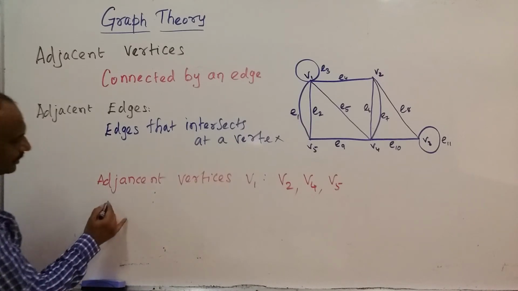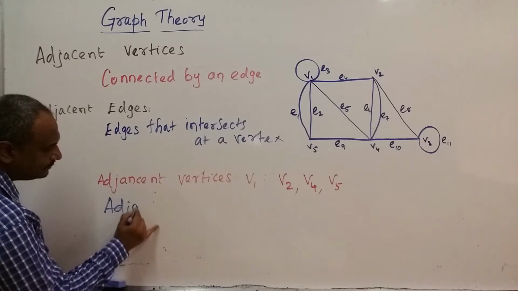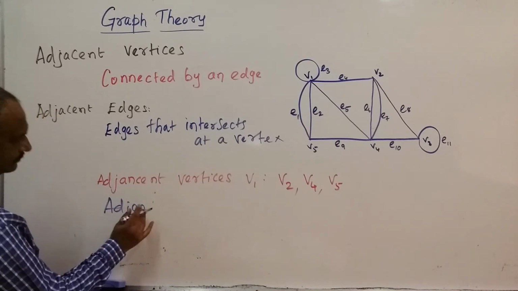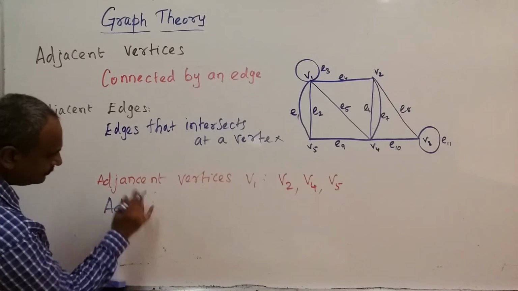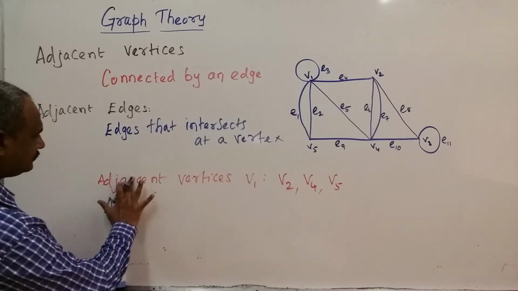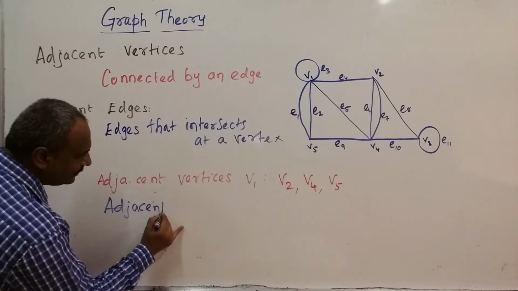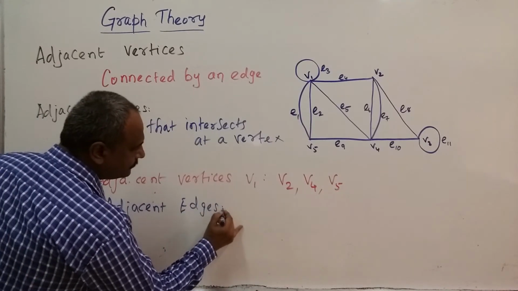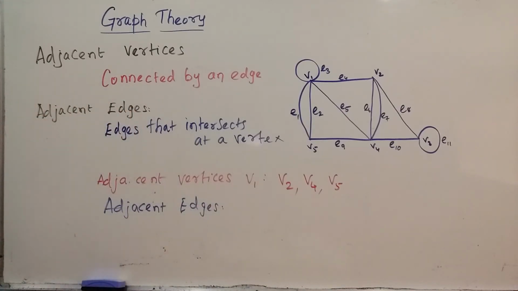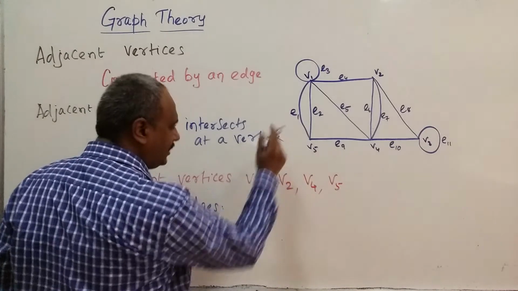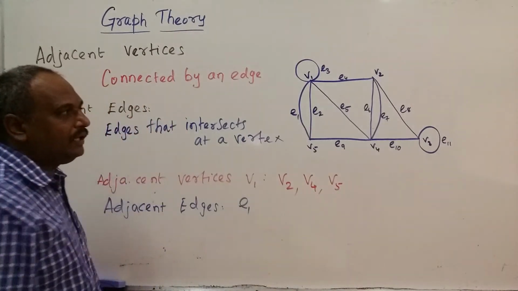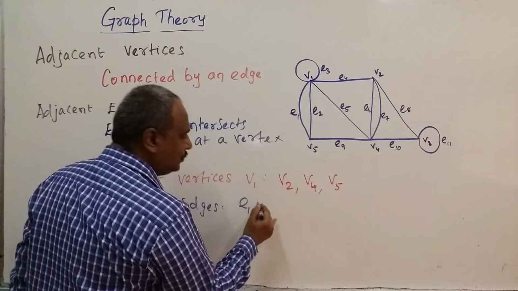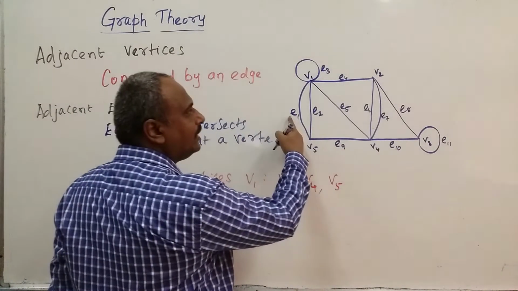For example, I am going to check the adjacent edges. For example, I am going to take E1. E1 is adjacent to, what are all the things I can say?